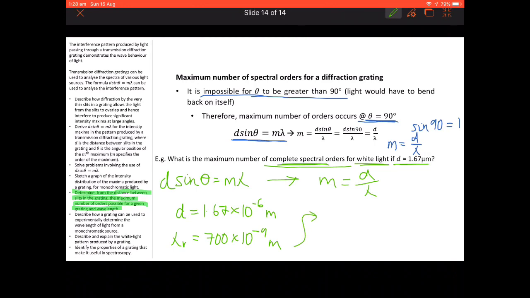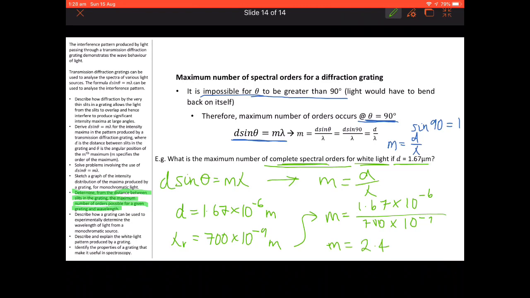Pop this into our equation and we'll get 1.67 by 10 to the negative 6 divided by 700 by 10 to the negative 9, and popping that into our calculator we'll end up with m equal to 2.4.